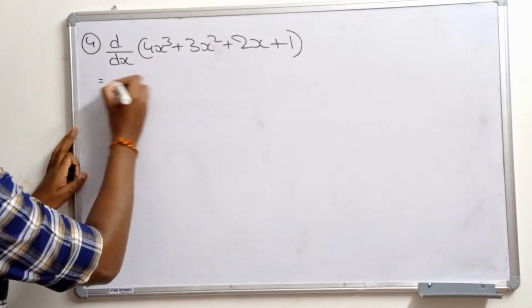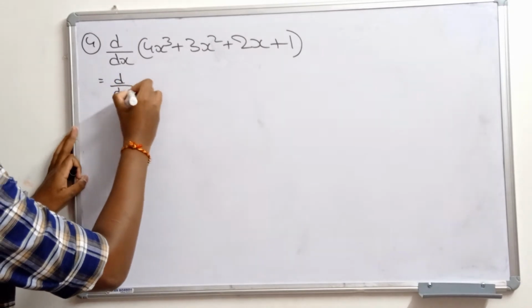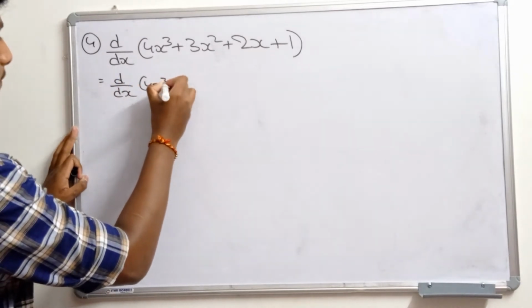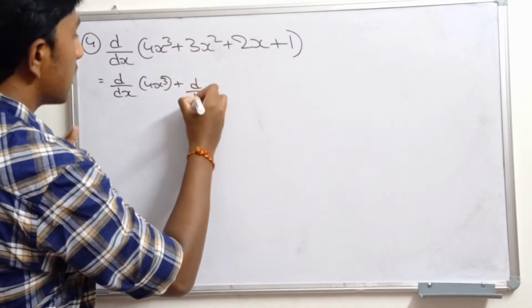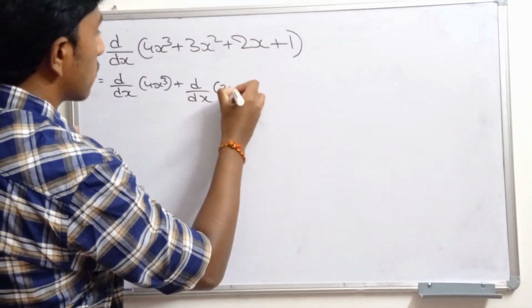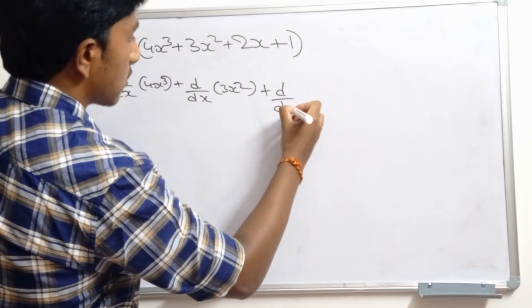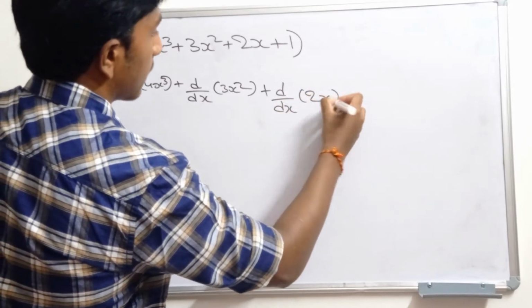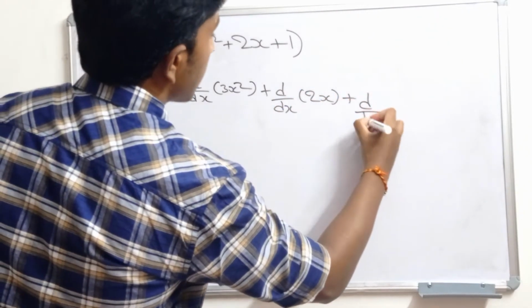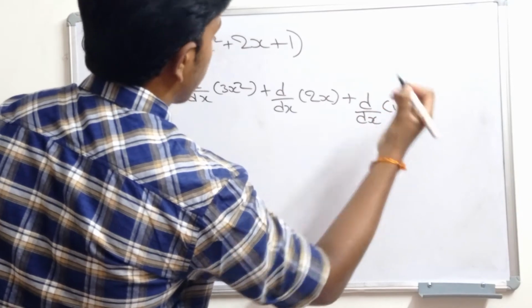So you can write this as d by dx of 4x cube plus d by dx of 3x square plus d by dx of 2x plus d by dx of 1.